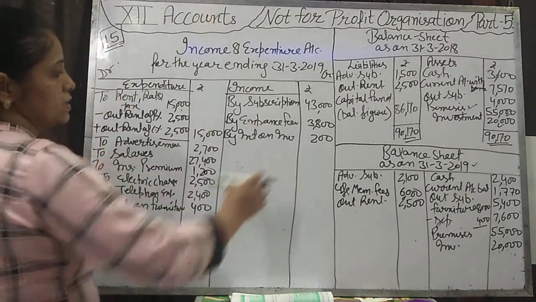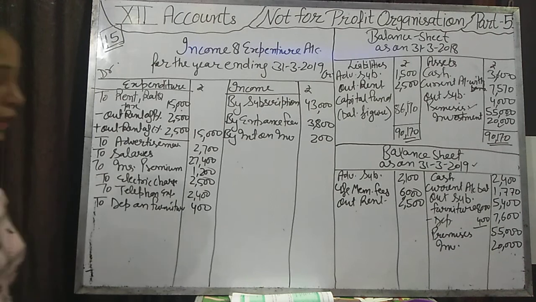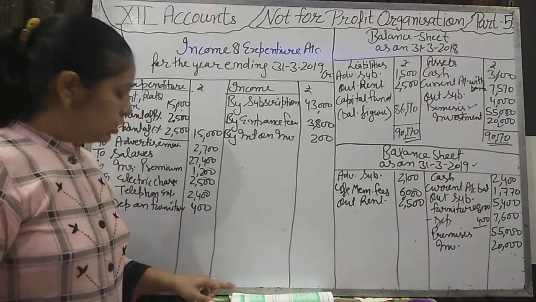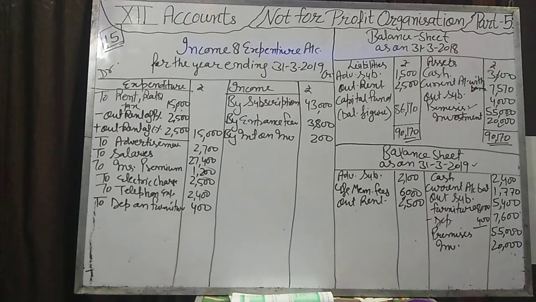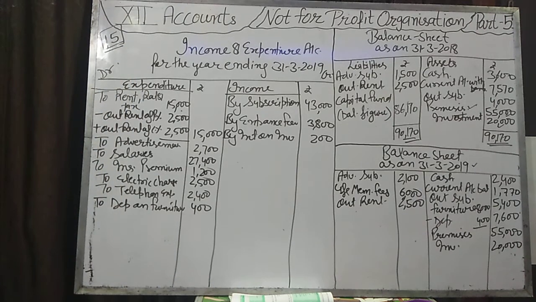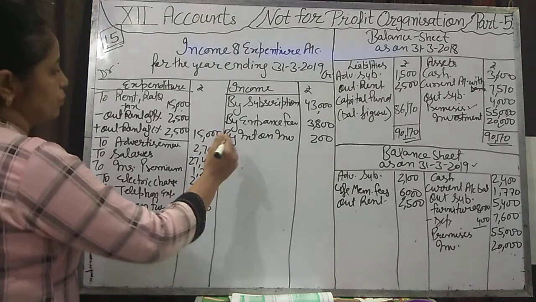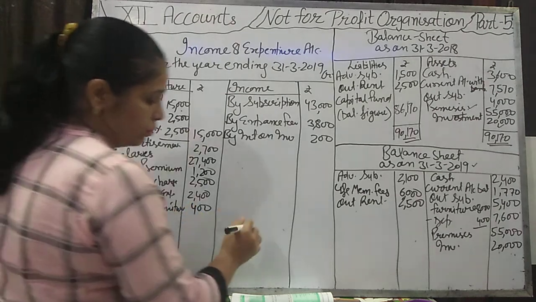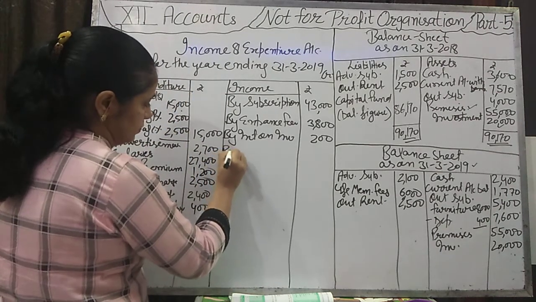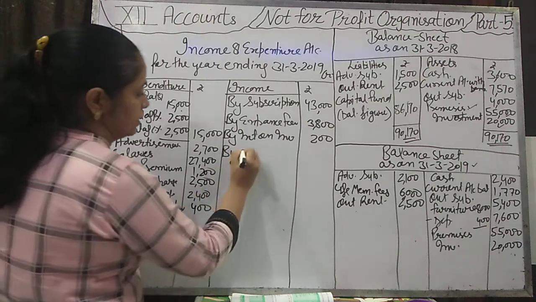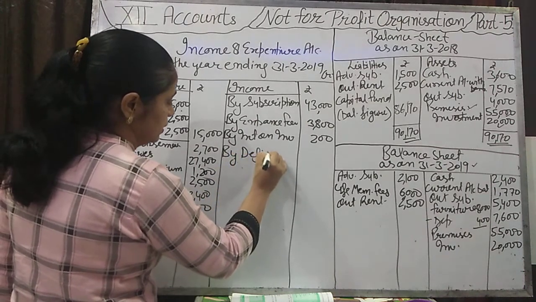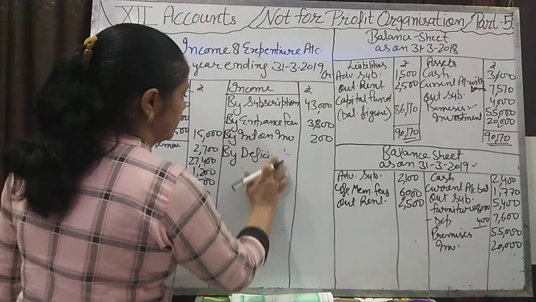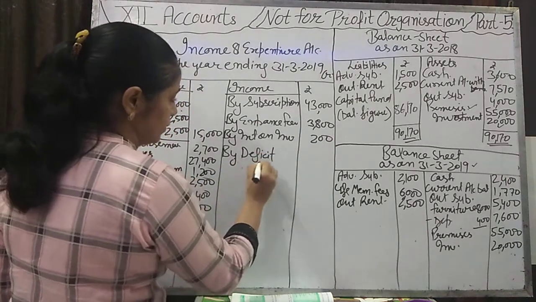If debit side is more than credit side, then it is known as deficit. So the difference of both sides: the debit side is more than the credit side, so it is known as deficit.